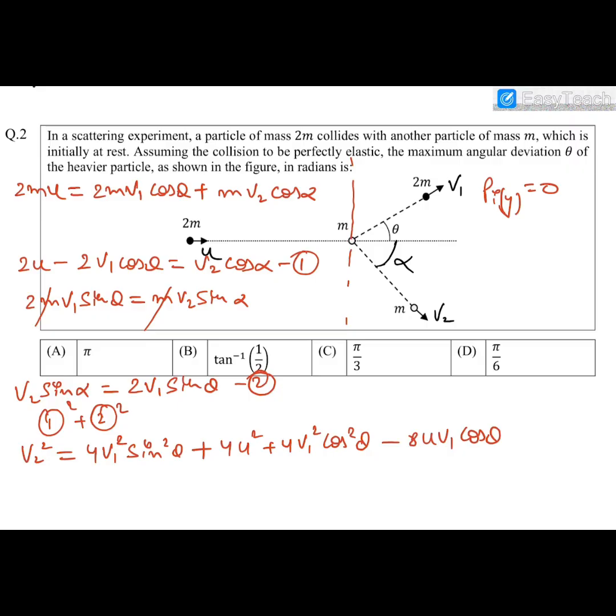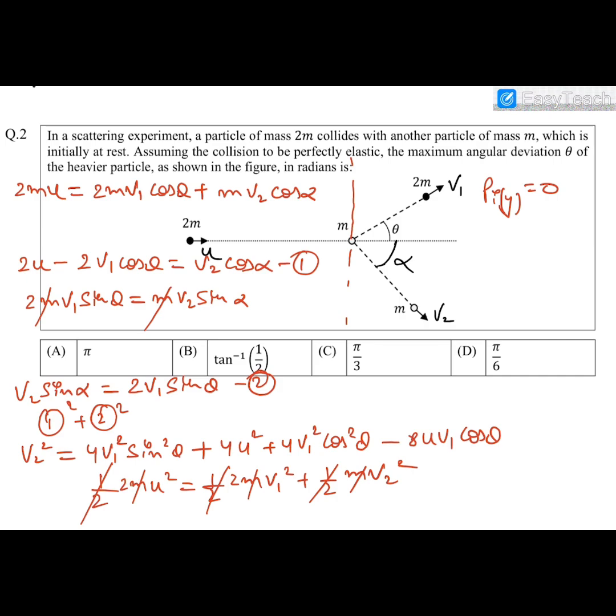We also know that kinetic energy is conserved because the collision is elastic. So we can write half into 2m u square equal to half into 2m v1 square plus half into m v2 square, cancelling half with half, m with m.